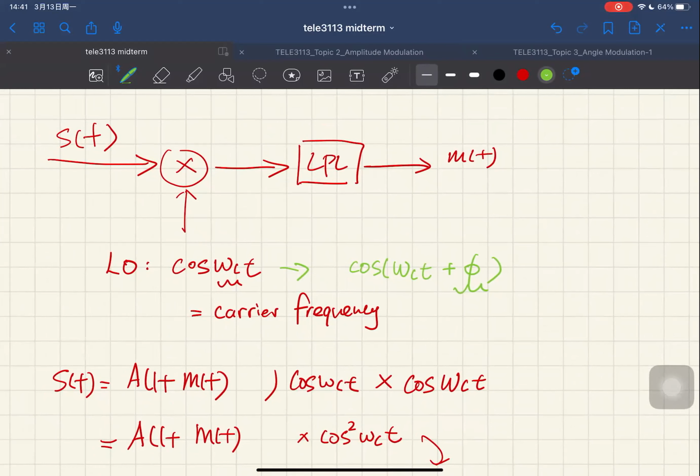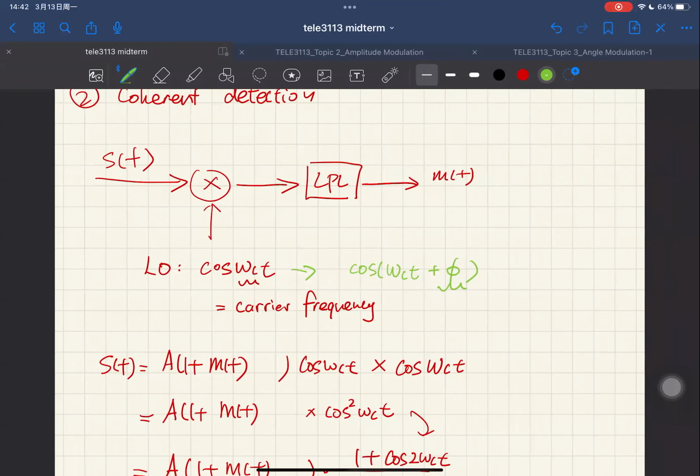The reason we want to use this phi is because in reality, your local oscillator is not 100% synchronized with your carrier signal. So we cannot say that your local signal is just cos omega_c t. It's definitely going to have a phase shift, because your transmitter and your receiver are not at the same location, so the two signals can't be 100% synchronized.